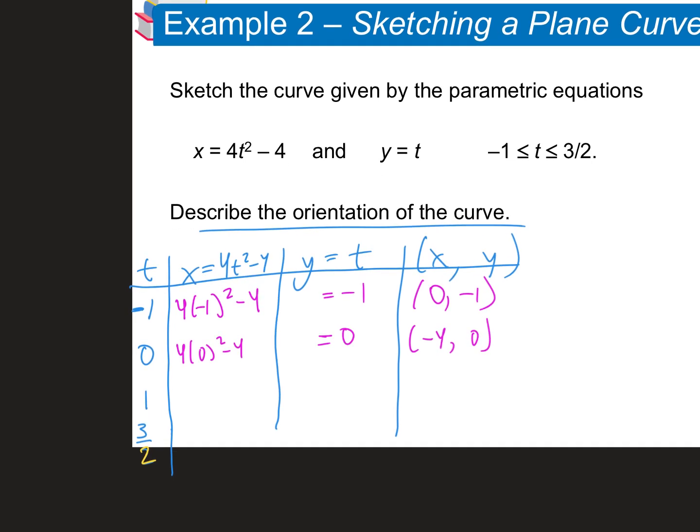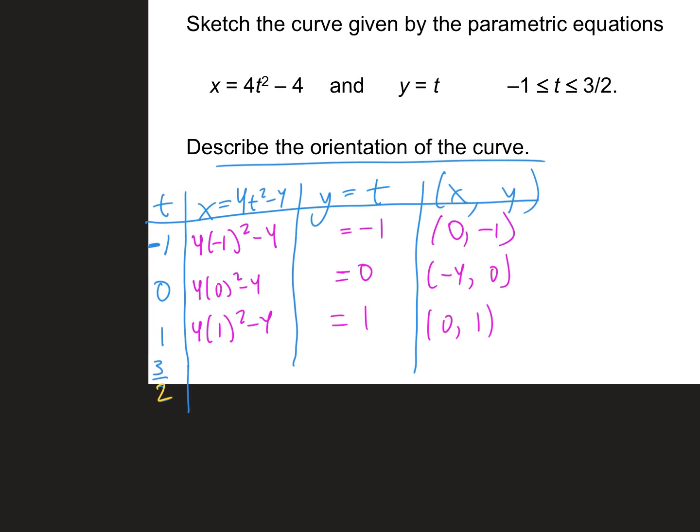Okay. Let's go with 1. 4 times 1 squared minus 4. What's 1 squared? 1 times 4 is 4. 4 minus 4 is 0. And then I'm going to plug in 1 for t, and I get out 1. All right, a little bit of math we got to do here. But I have 4 times 3/2 squared minus 4. Guys, when you square 3/2, it becomes 4/1 times 9/4, correct?